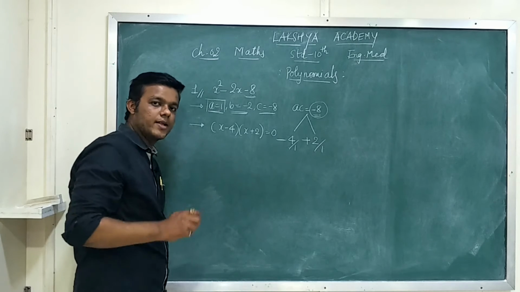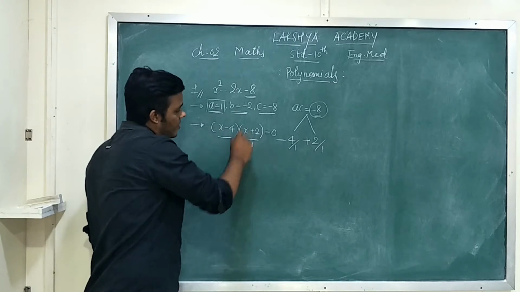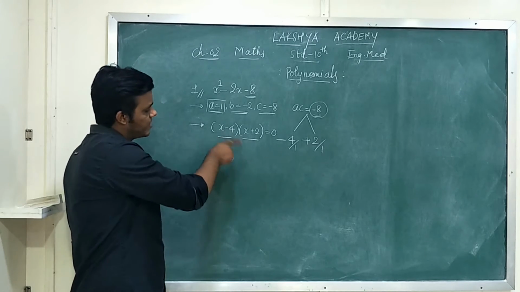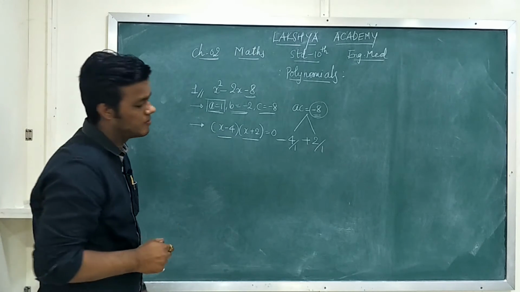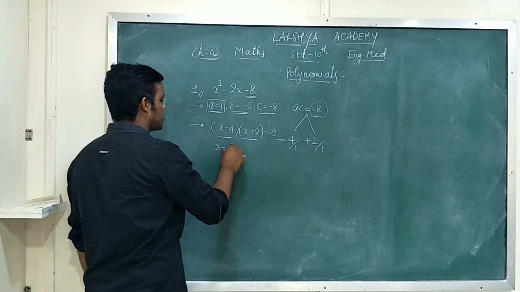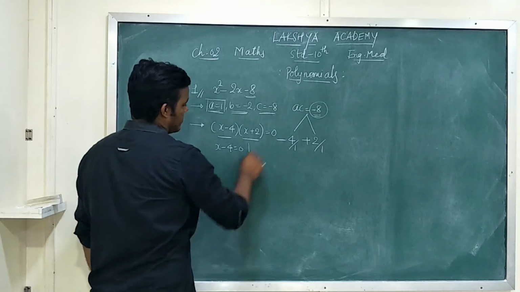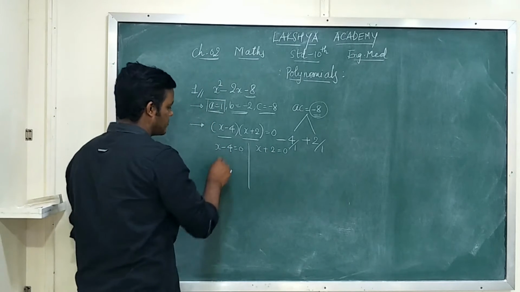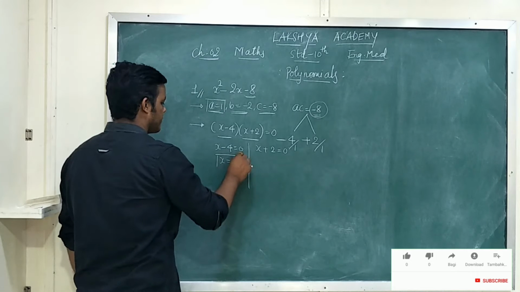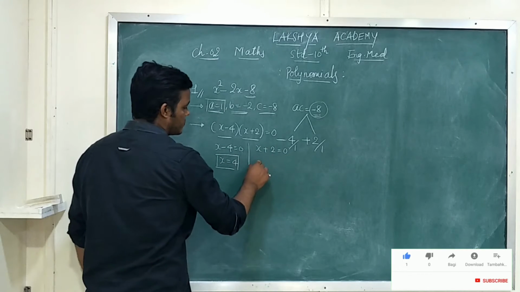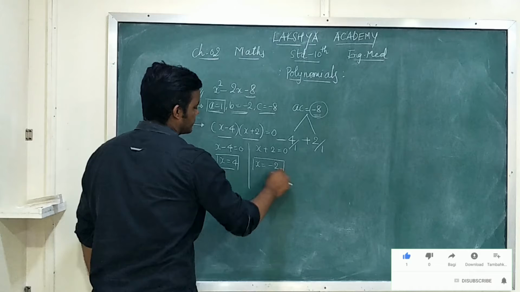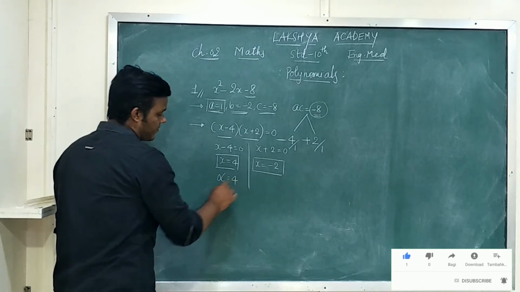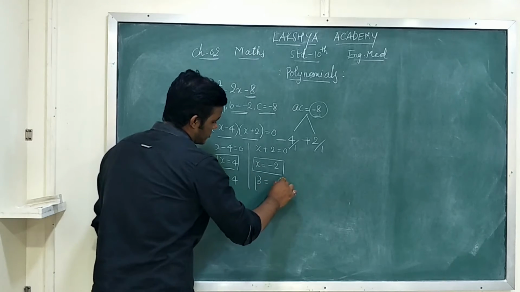If the multiplication of two numbers is 0, then mathematics says that one of them must be 0. So x minus 4 equals 0 and x plus 2 equals 0. If x minus 4 equals 0, then x equals 4. And if x plus 2 equals 0, then x equals minus 2. So we got our two zeros. First one is alpha equals 4 and second one is beta equals minus 2.